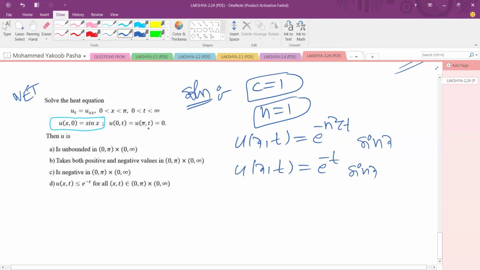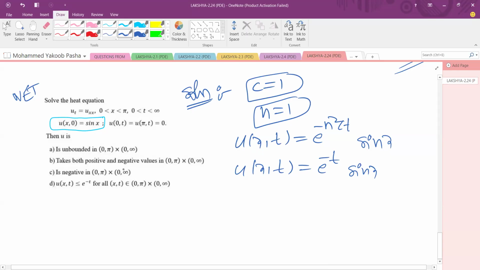Now we can observe the options here. First, option A: is unbounded in the interval 0 comma pi cross 0 comma infinity. It is the interval 0 comma pi and 0 comma infinity.